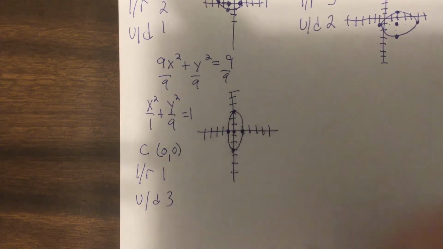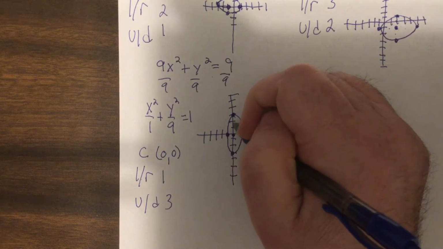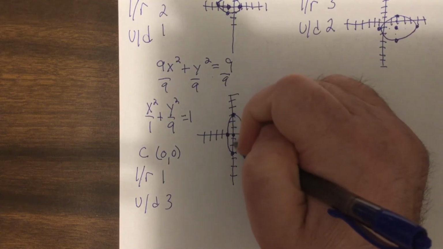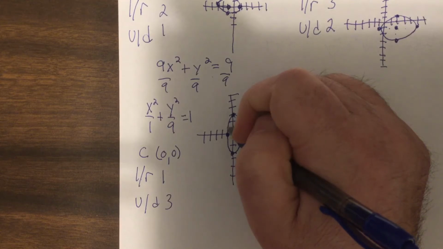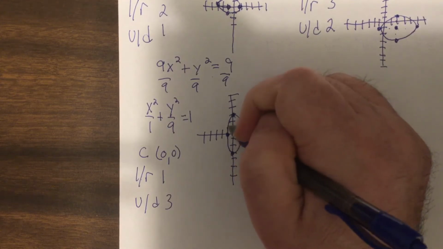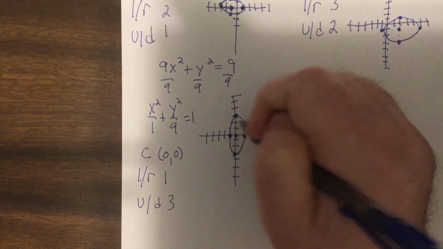This is the major. Now, the book talks about foci. You don't have to worry about it. F-O-C-I, or focus, F-O-C-U-S. But it's just 2 points on the major axis that when you do the distance from one point on the ellipse and add the two distances to the focus, that number is the same all the way around.